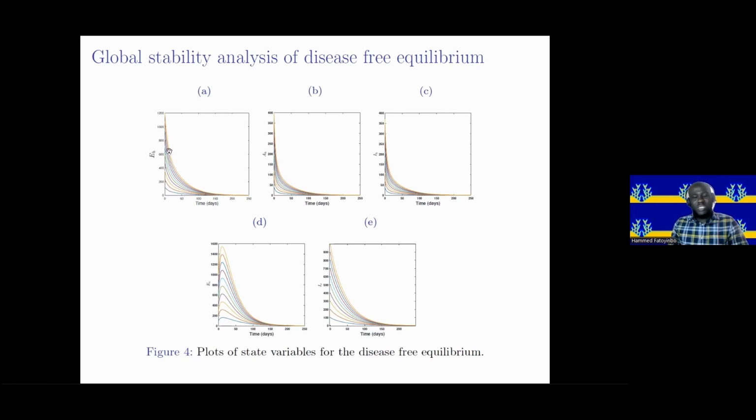As we see, irrespective of the initial size of the exposed humans, the solution tends to the disease-free equilibrium for all classes. The same thing here for the asymptomatic class, they all go to the disease-free equilibrium. Same for the mosquito classes, that is the exposed and infected classes. This shows that our disease-free equilibrium is globally stable.